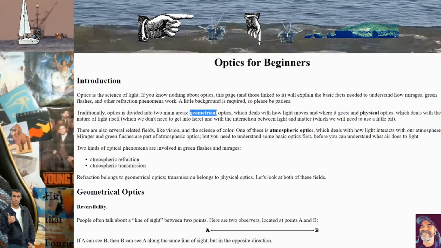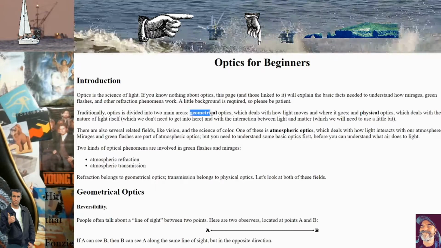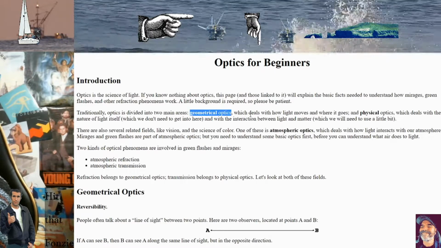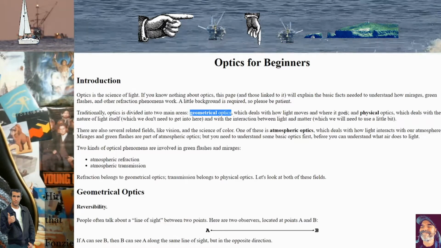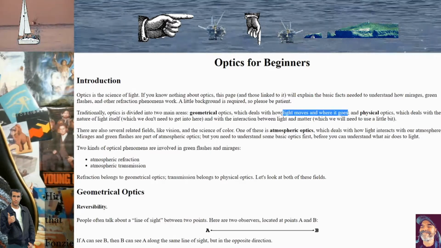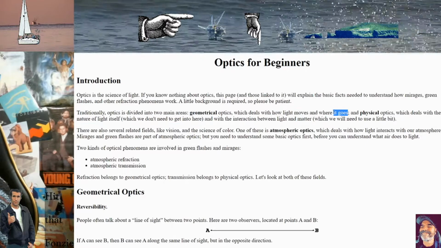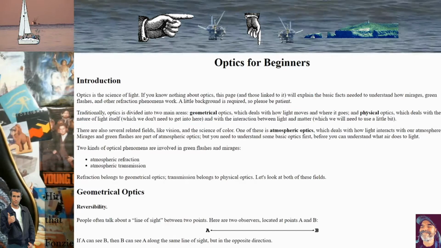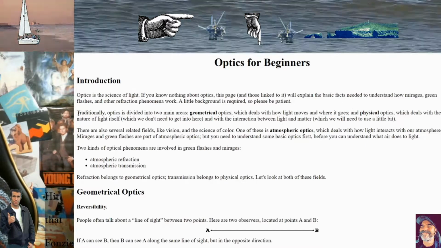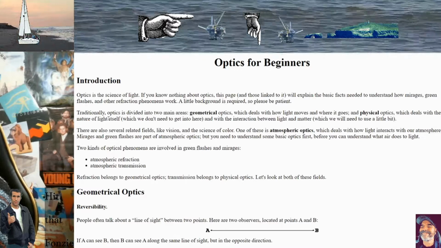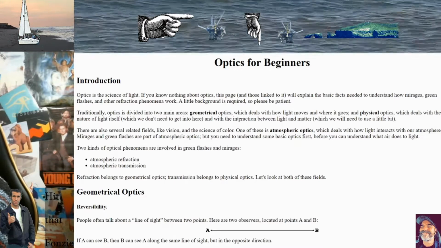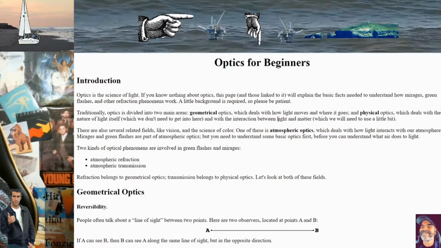Geometrical optics, which deals with how light moves and where it goes. I'm not sure how geometrical optics works with that, but whatever. And then physical optics, which deals with the nature of light itself and with the interaction between light and matter.